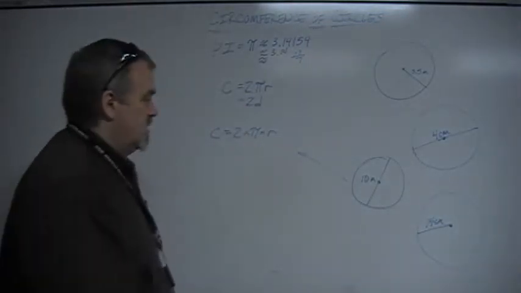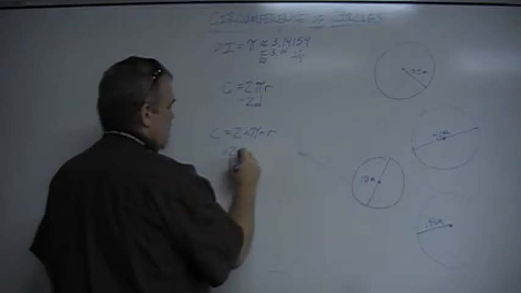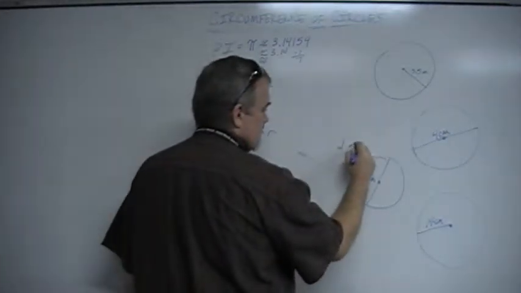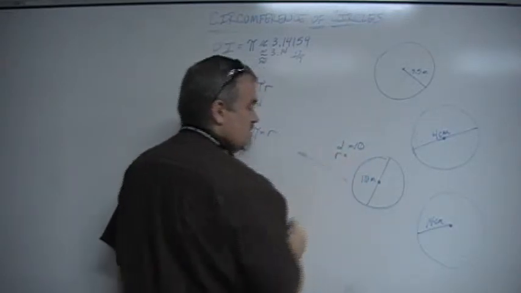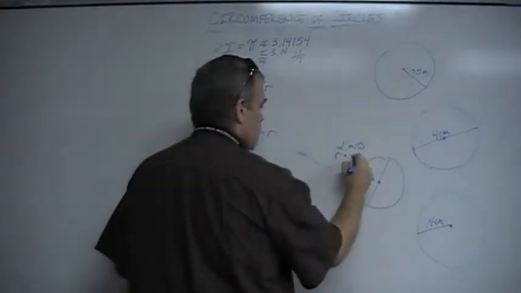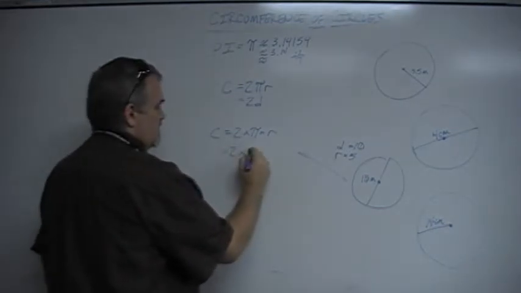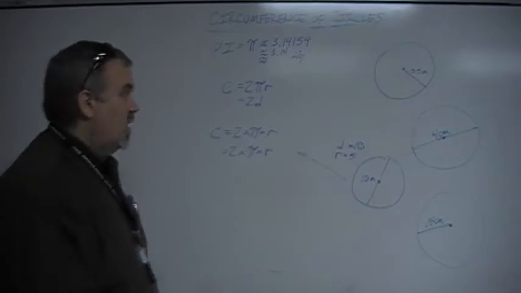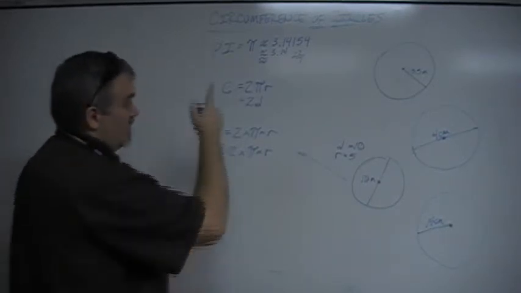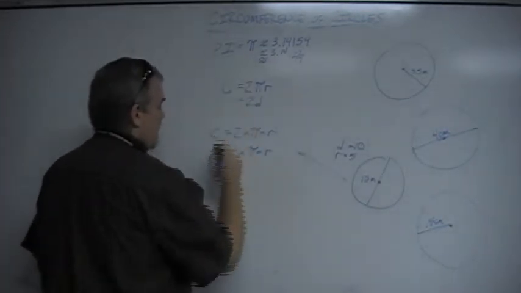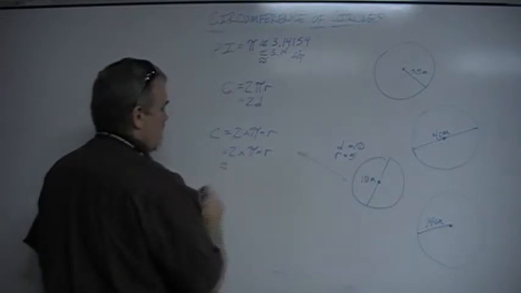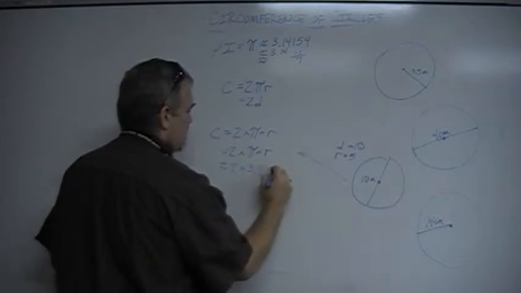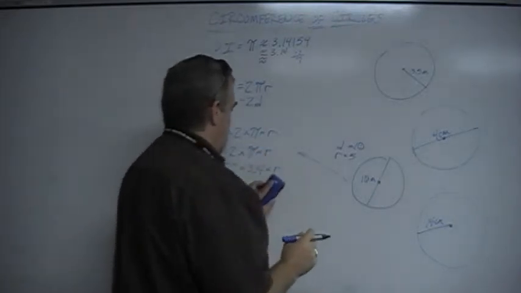And in this situation, remember we have the diameter, not the radius, so if the diameter is equal to 10, the radius is equal to half of that, which is 5. So we get 2 times pi times the radius. And because we don't have a calculator with us, we know that pi is about equal to 3.14. So 2 times 3.14 times the radius, and we know the radius is 5.